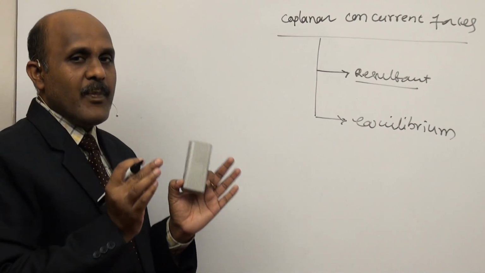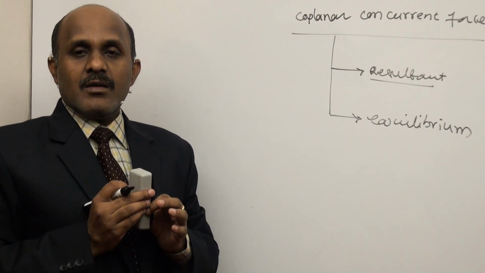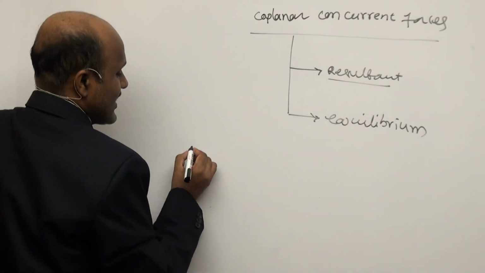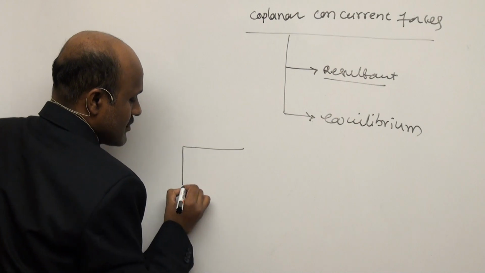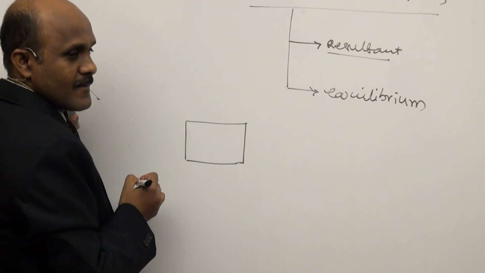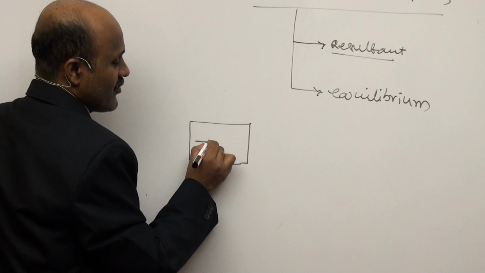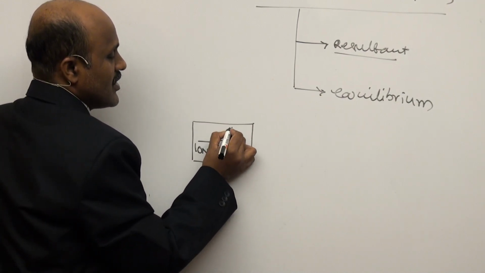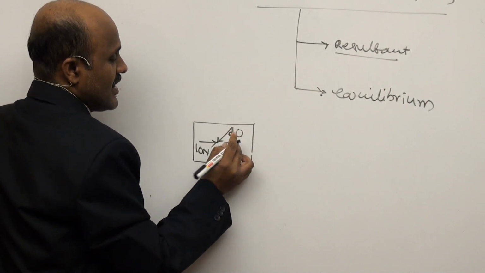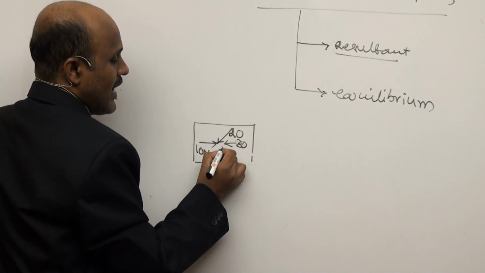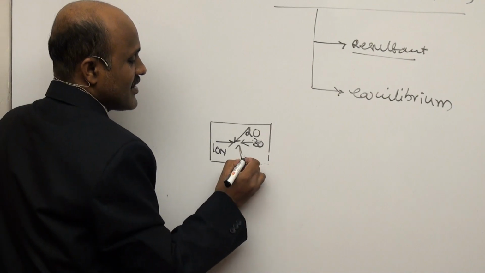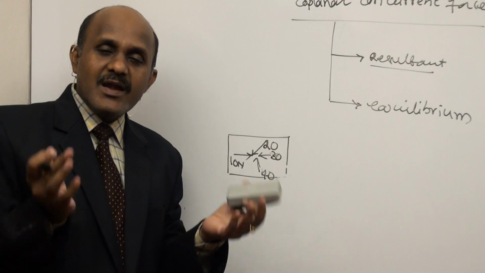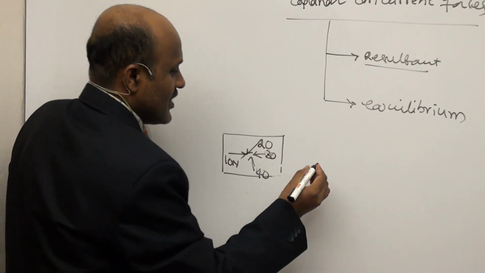First of all, for coplanar concurrent forces, what are the effects on the body? Whenever coplanar concurrent forces act on a body, suppose here is 10 newtons, here is 20 newtons, here is 30 newtons in this direction, again this direction, here is 40 newtons. Because of the forces, the body may move in the x direction.